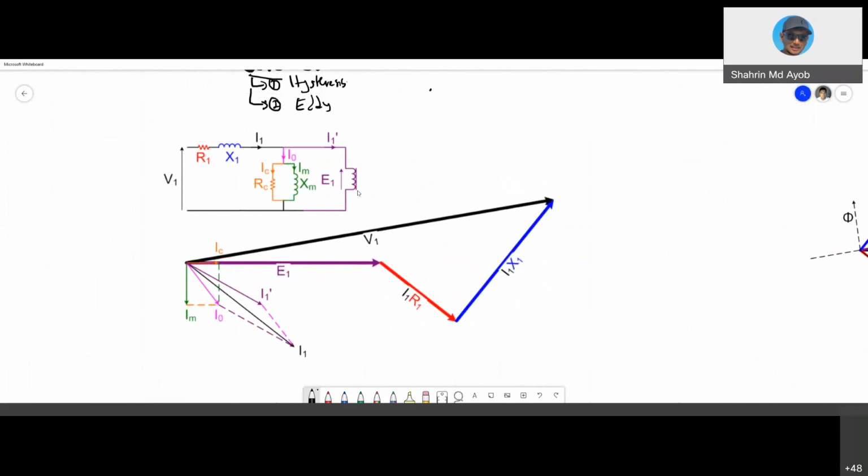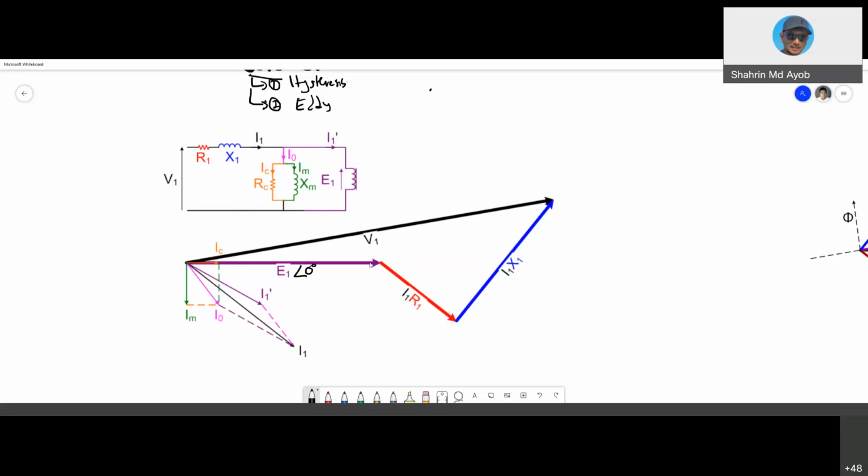As you can see, we have V1 and E1, and it depends on which one you put as a reference. Putting as a reference means that the angle is 0. In this example, E1 is set as a reference, meaning E1 has an angle of 0.